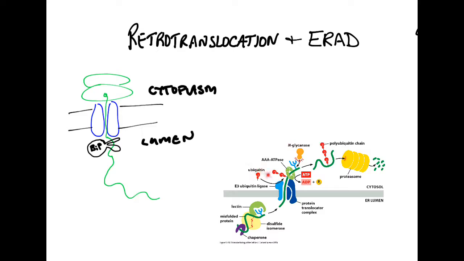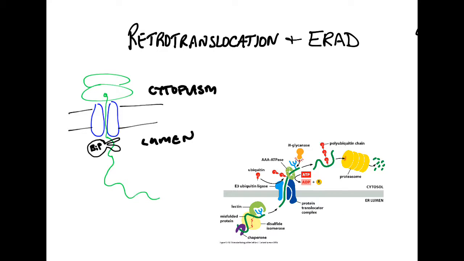So once all of those activities have kicked in, then you end up with a very nice substrate for the proteasome: ubiquitin and partial unfolding triggered by the AAA ATPase. The cap can handle the rest, and the protein is destroyed. So that phenomenon is retrotranslocation, this part, and then ER-associated degradation is the overall process.